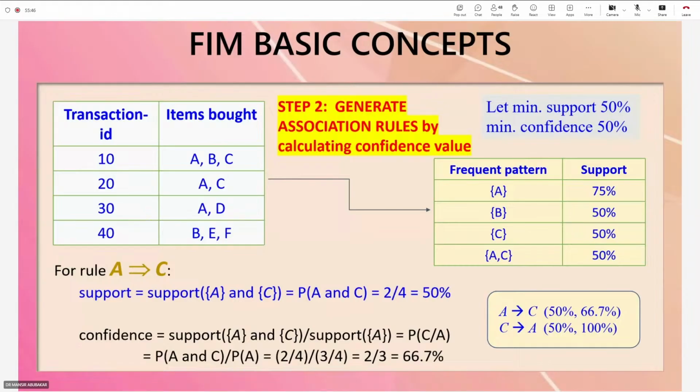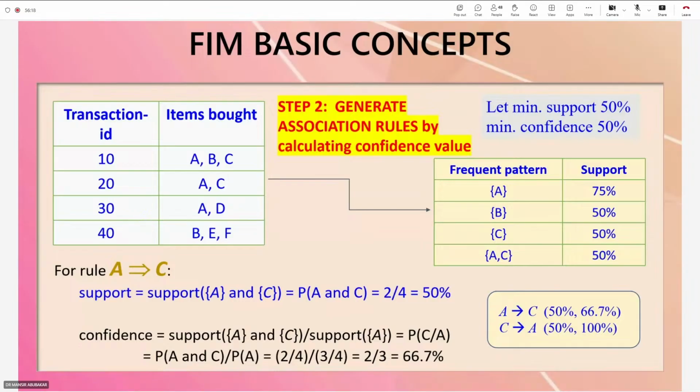As we calculated the support, it gives us this. This is just a formula, just trying to recap the formula here. We have the support of 50%. Once we have the support, we can also calculate the confidence, which is simple. The confidence is the support of A and C divided by the support of A. What is our support of A and C here? We have 2/4, indicating 50%.